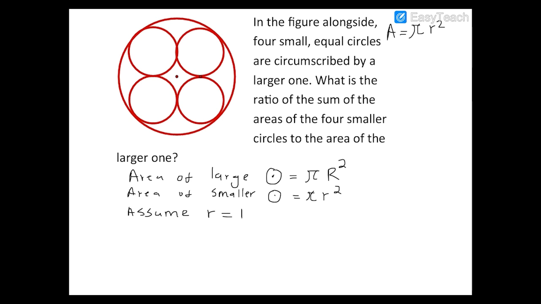Now if I add the centers to these smaller circles, I can construct a figure like that. What we notice about this figure is that all sides are equal, because we assume that the radius of the small circle is 1. So that side there will be 2 units, that side will be 2 units.